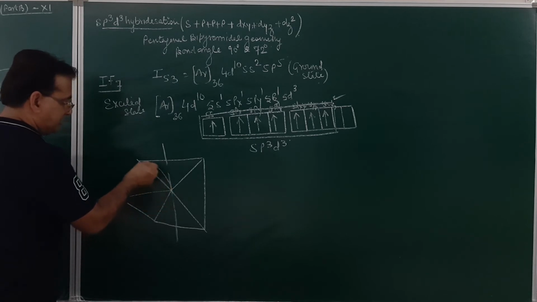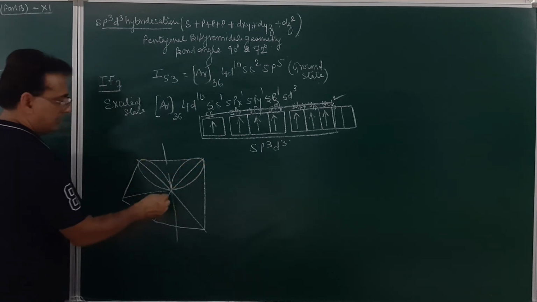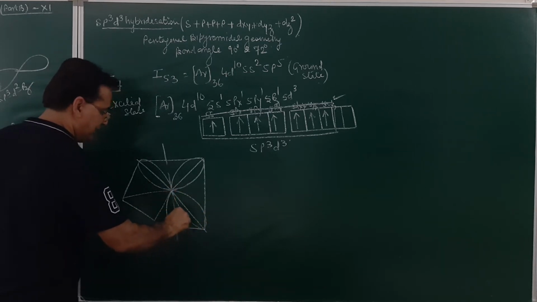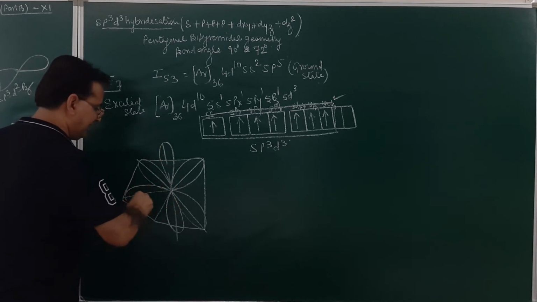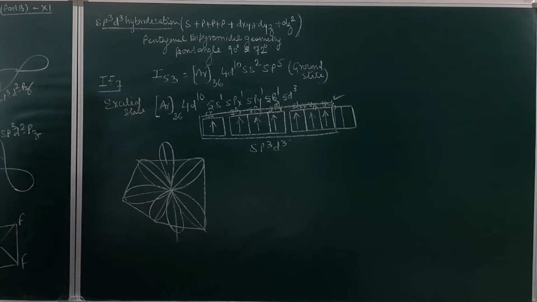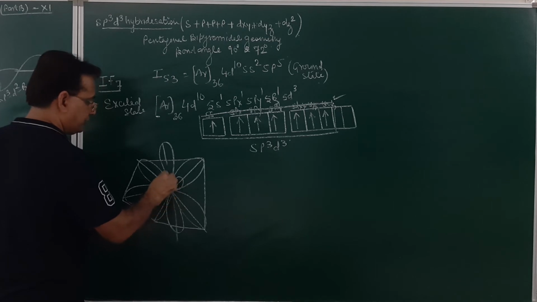One of the sp3d3 hybrid orbitals will be this, other one will be this, third one will be this, fourth one will be this, next one will be this, one will be this, and one will be this. I think it is very clear. These are hybrid orbitals in this way.